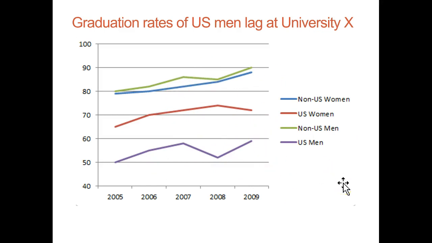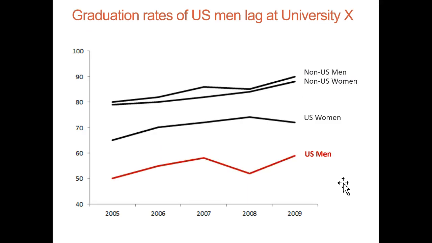But we can also, and this again is especially in presentations, if I want to really focus our attention on US men that are lagging, I could do something like this. Now that story, the low graduation rates of US men, really jumps out at you. And I made up this data, so don't worry about it.